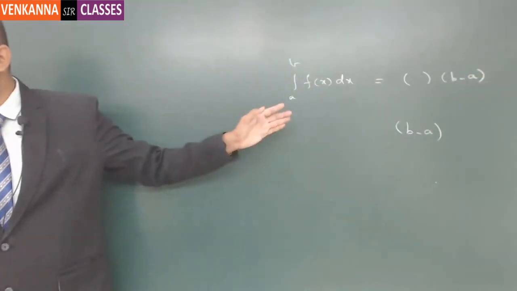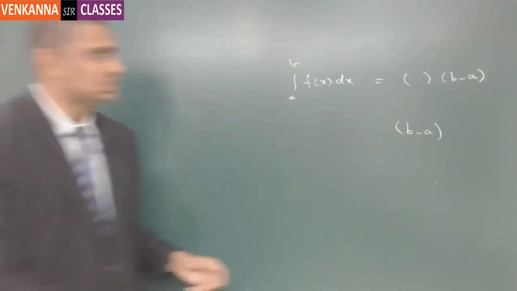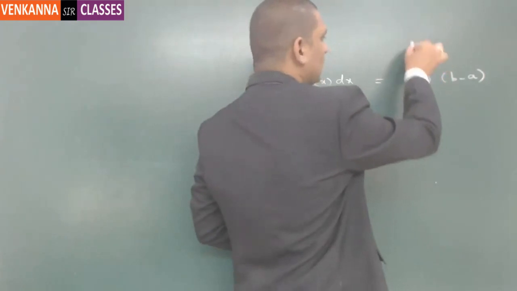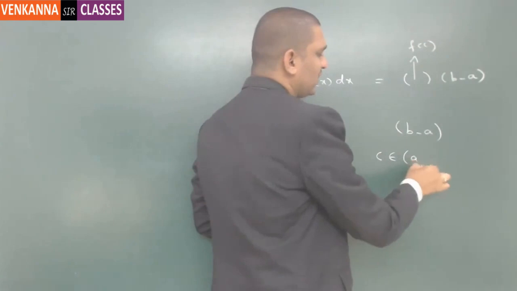It is evident from the mean value theorem, which was stated earlier, that this value is nothing but f(c), where c is a point lying between a and b.